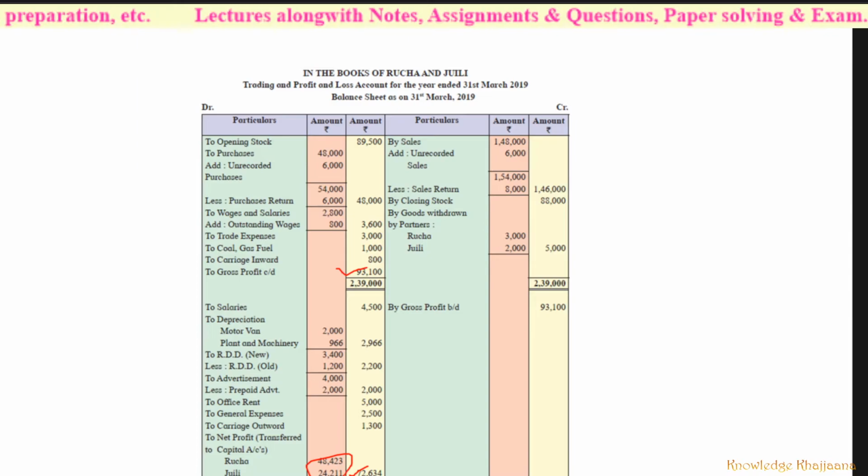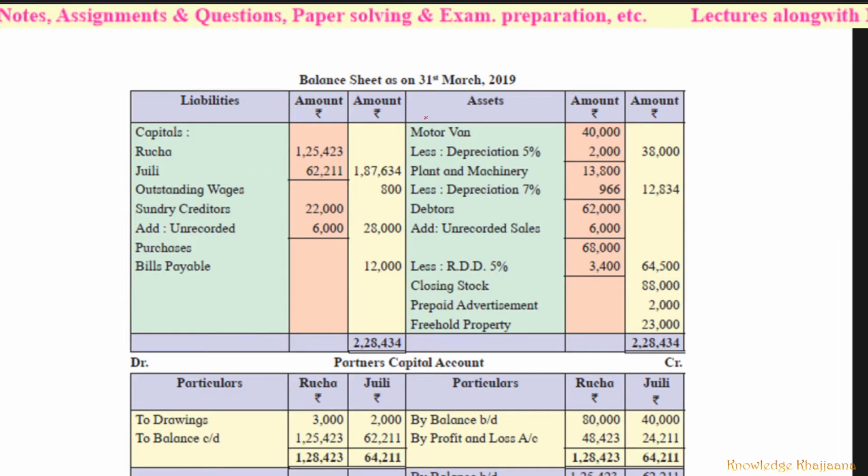Now let's verify whether the balance sheet is also matching. For that we'll check whether the partners' capital is also matching, right? Our balance carried down was 1,25,423 for Rucha and 62,211 for Julie. Same.